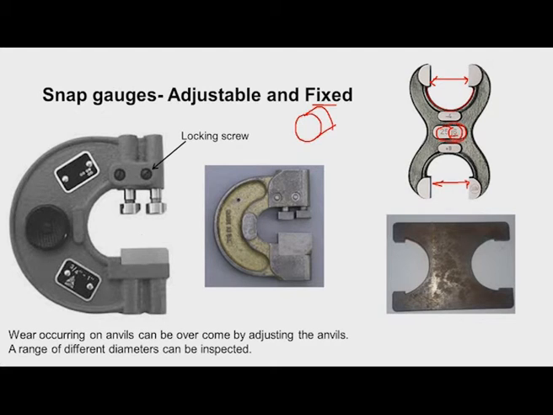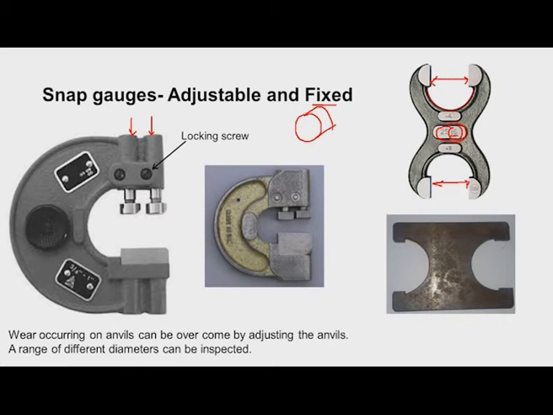We can see here the arrangement is, this is the long anvil, we say this is fixed, and here we have movable anvils. Now how can we move them? We can see here the locking screws are there, and here there will be a screw and one more screw for this.